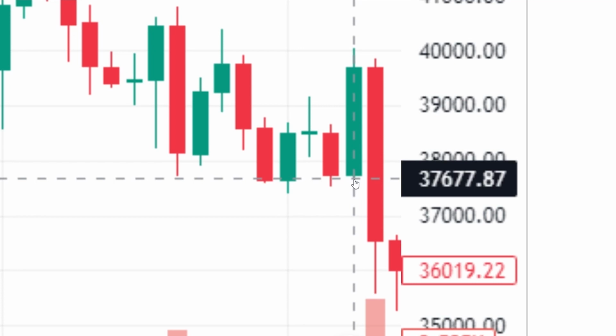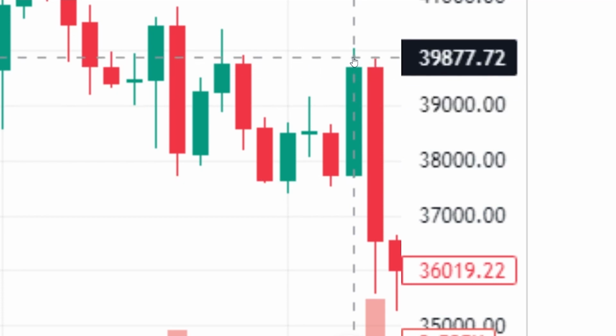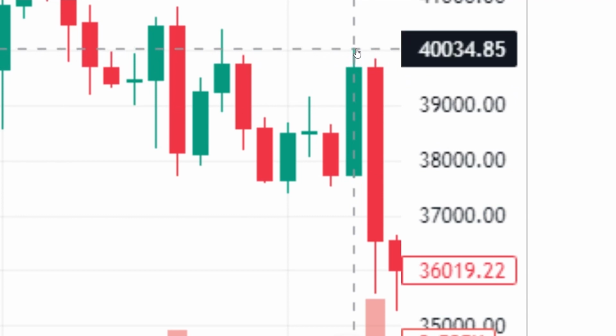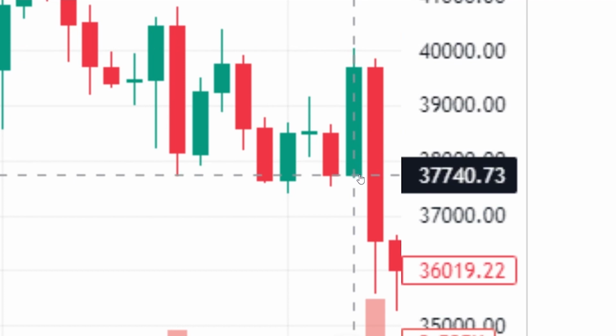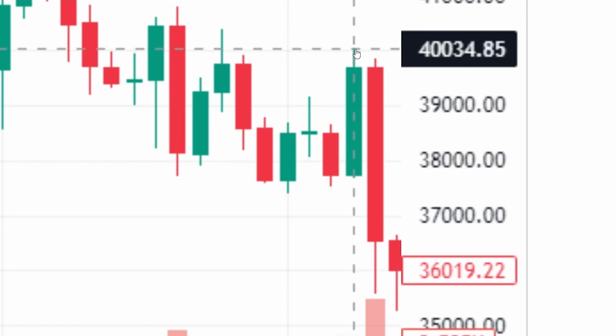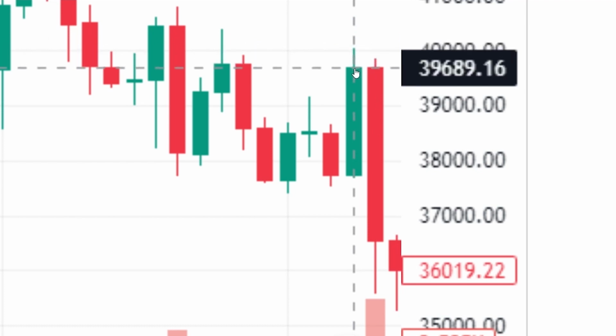This is the lowest it went on 4th May. And the highest it went on 4th May was $40,034. So basically, it jumped around $3,000. But obviously, it went down again a bit, and by the end of the day, it closed at $39,689. That's what it closed at.